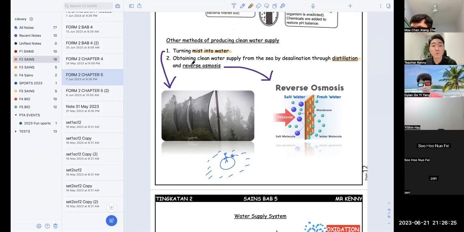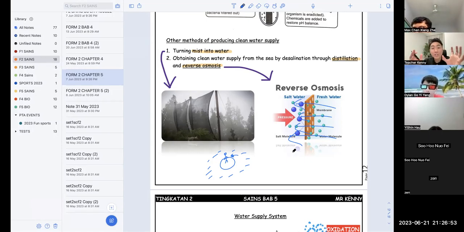Another way you can do is what we call reverse osmosis. Now, what is reverse osmosis? Natural process, osmosis, means water will flow the other way around. More water will flow to an area with less water. Let's say this area is watery, this area is salt water. Naturally, the salt water will attract the normal water away.